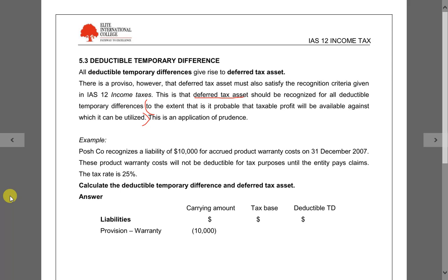Means we have a condition to recognize our deferred tax asset. And the condition is we only recognize to the extent that it is probable that taxable profit will be available against which it can be utilized.